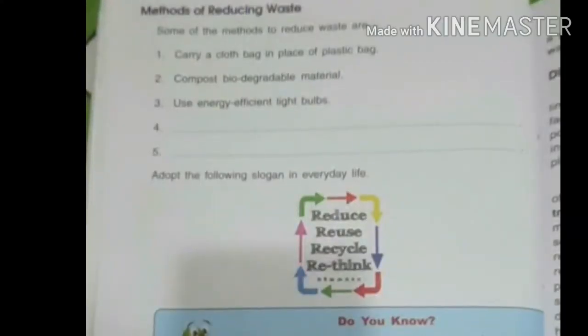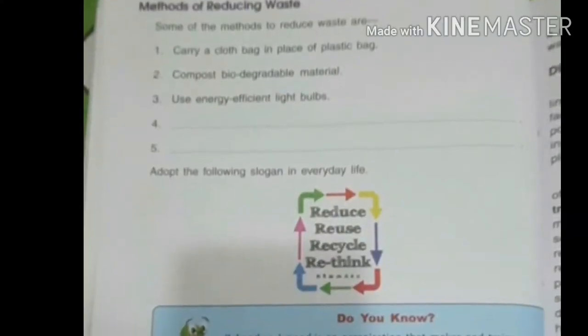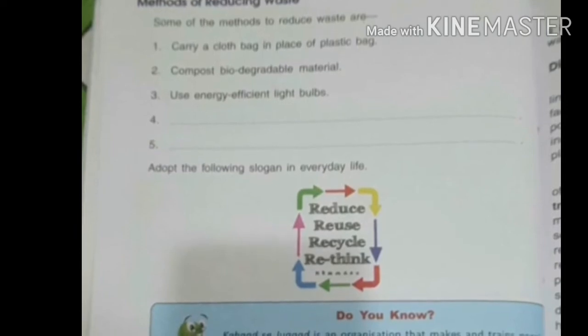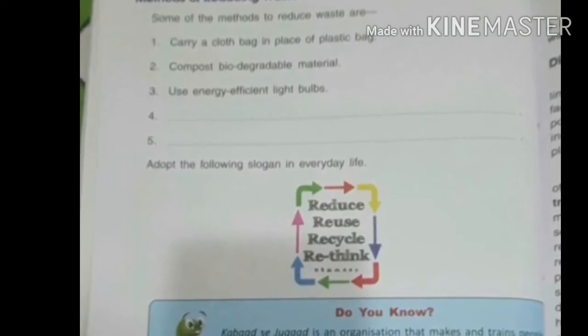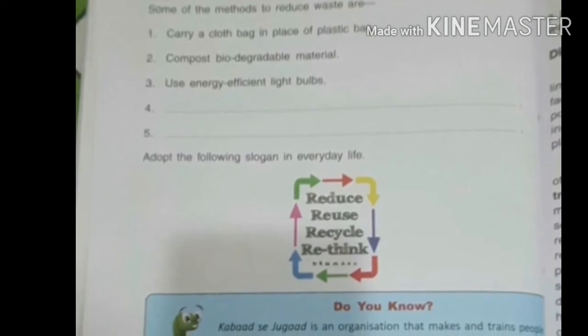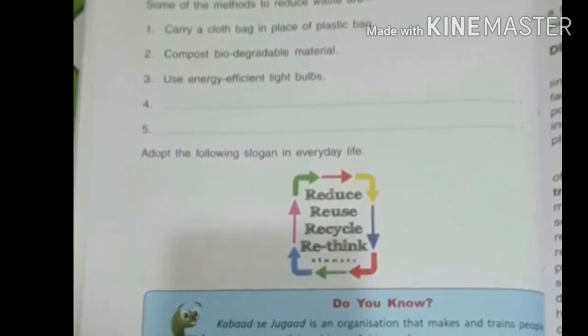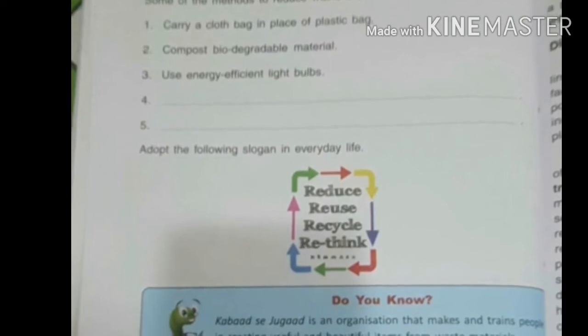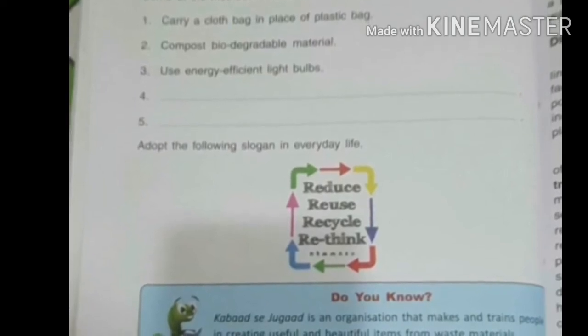Now let us learn some ways to reduce waste. Whenever you go out for shopping, you can carry a cloth bag or jute bag along with you. In this way, your dependence on plastic bags will be reduced.